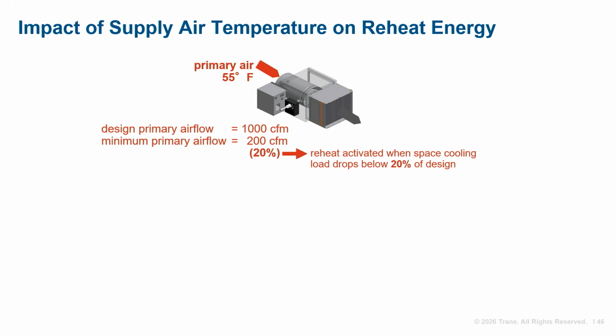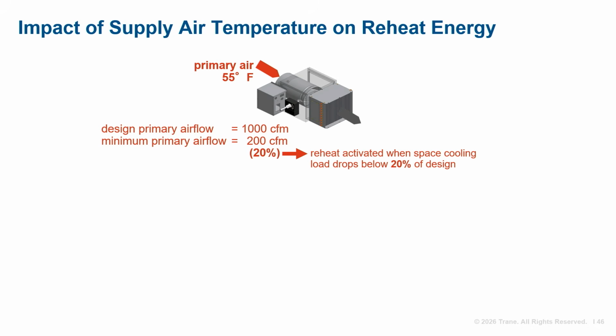As the sensible cooling load in the zone decreases, the damper in this VAV box modulates to reduce primary airflow delivered to the zone. When primary airflow reaches the minimum setting, while the air handling unit is in the cooling mode, the heating coil warms the air to avoid overcooling the zone. For this example, the reheat coil would be activated when the space-sensible cooling load drops below 20% of design.